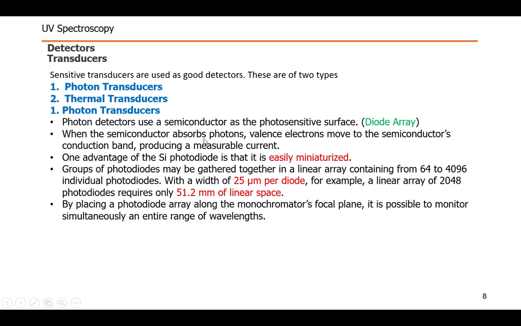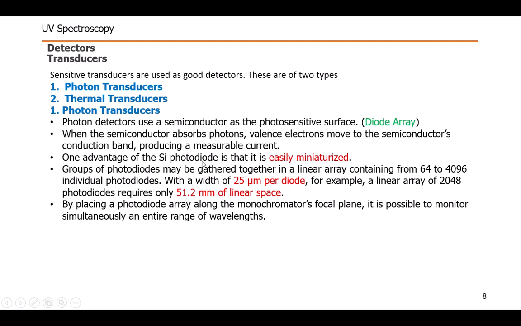When semiconductors absorb photons, valence electrons move to the semiconductor's conduction band, producing a measurable current. Photons of light are absorbed by the semiconductor, electrons are produced, and those electrons will be in the form of measurable current, which gives you the strength of the photons of radiation.